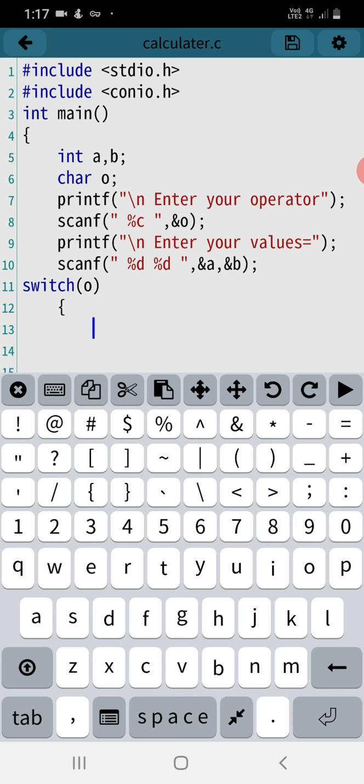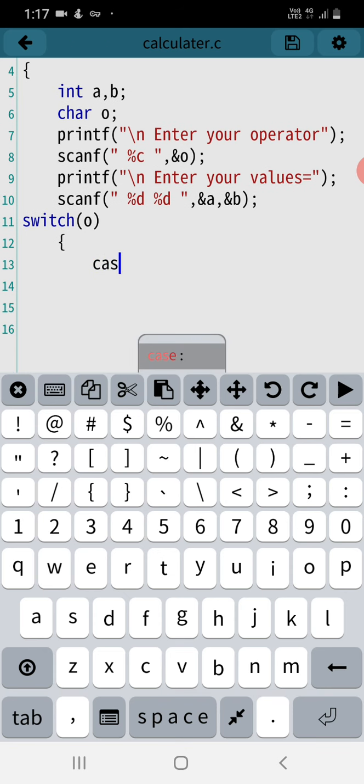Braces, case, colon. Case for the addition sign, plus, colon.